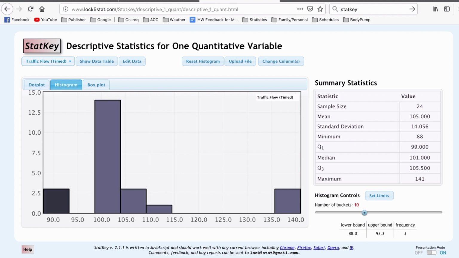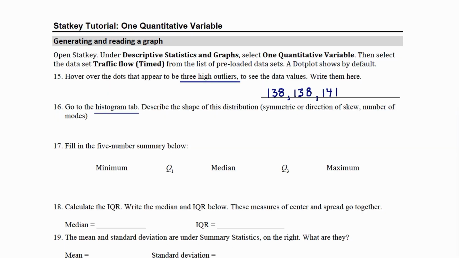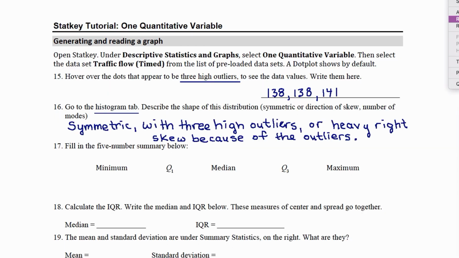So it's either symmetric with 3 high outliers, or we could describe it as being heavily skewed to the right because of those outliers. Either of these ways of describing the distribution is reasonable.